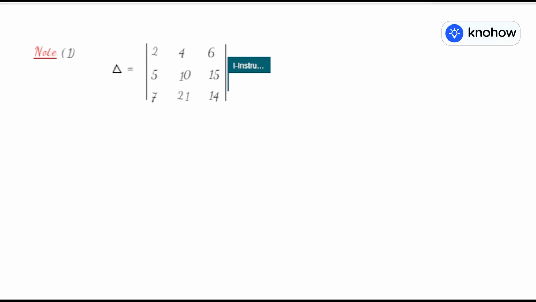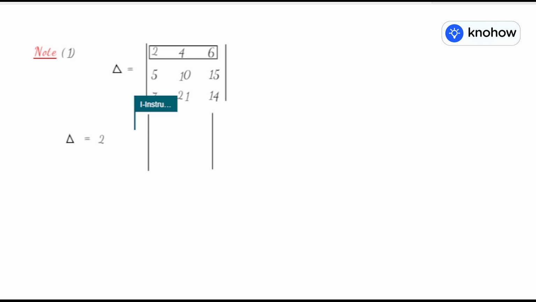The elements of row 1 are multiples of 2, so this delta may be written as 2 times, with 2 taken common. You divide each element by 2, you get 1, 2, 3, keeping the rest as such.